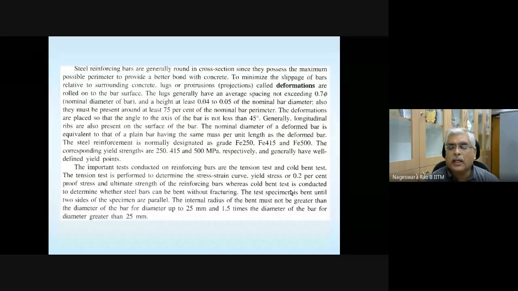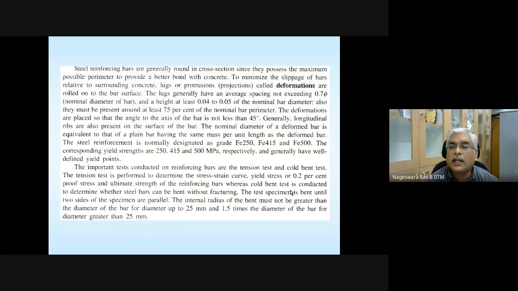Anyway, let's quickly go through some of these points. Steel reinforcing bars are generally round in cross section since they possess the maximum possible perimeter to provide a better bond with concrete. To minimize slippage of bars relative to surrounding concrete, lugs or protrusions or projections called deformations are rolled on the bar surface.